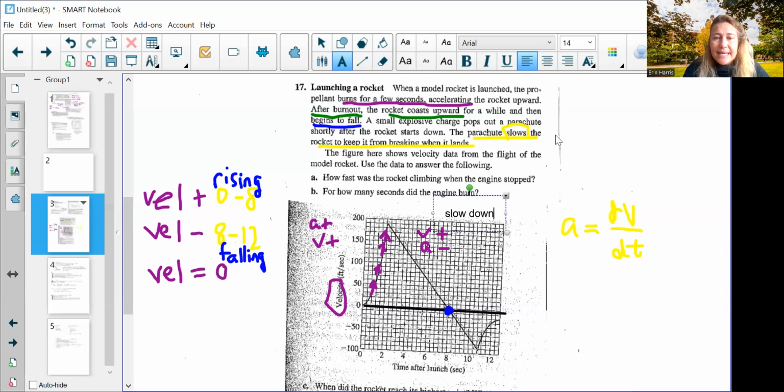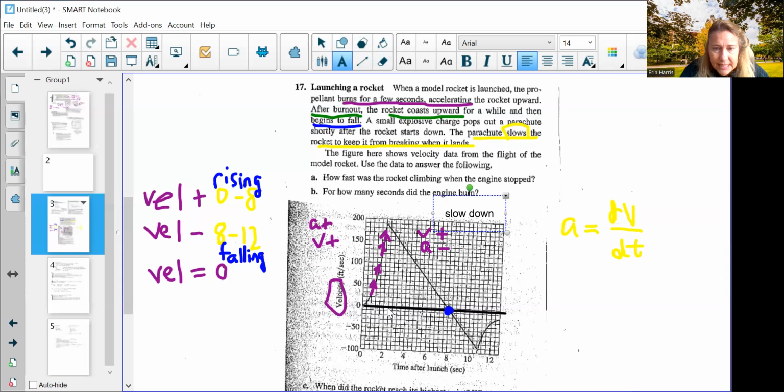When velocity and acceleration have opposite signs, we have a slowing of our particle that's in motion. When velocity and acceleration have the same sign, we speed up. So the burning engine caused us to speed up. Right at the beginning of our path, we accelerated.